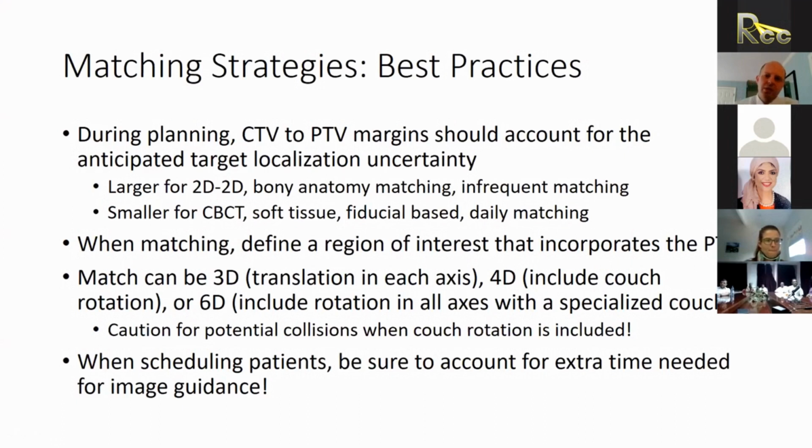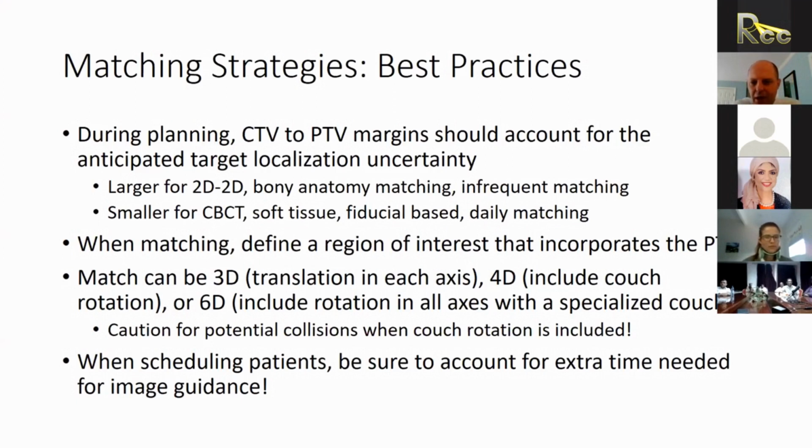So this is something that should be accounted for early in the process when you are creating those CTV to PTV margins. For individualized cases, there may be specific custom procedures that need to go into place, but it's good practice to have outlined, for specific types of cases, whatever the treatment site is, that we will do this technique, and we know our margins should be this much for this technique.